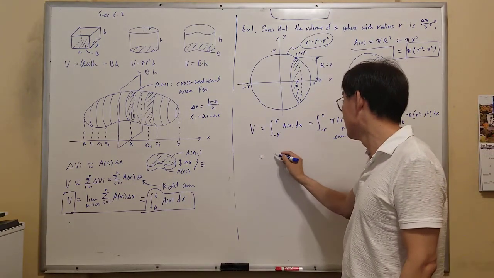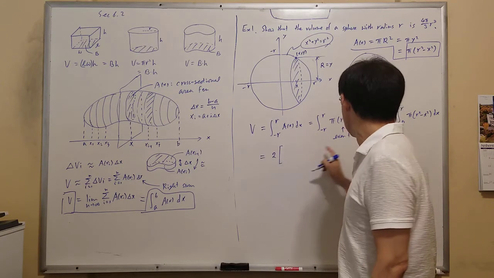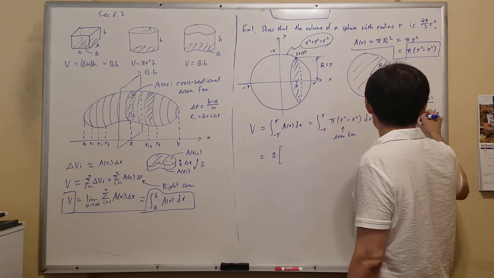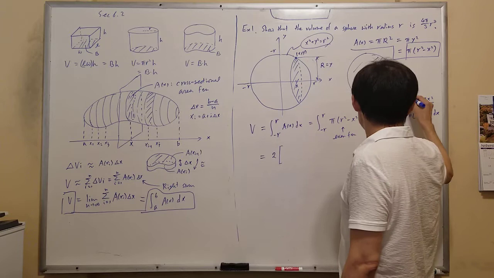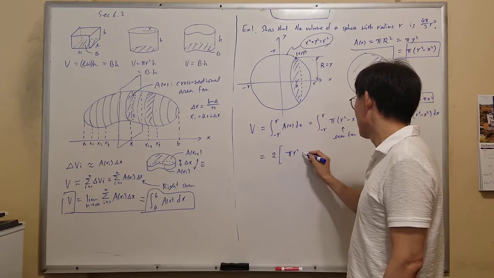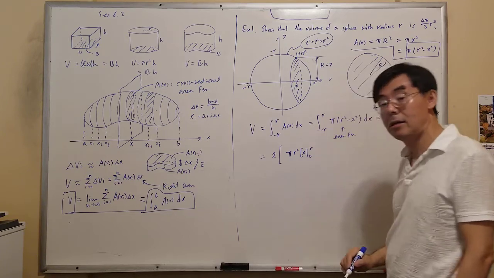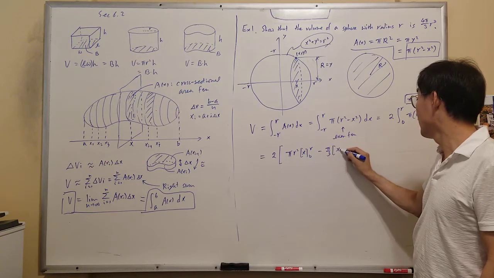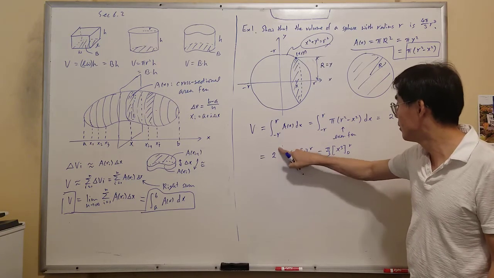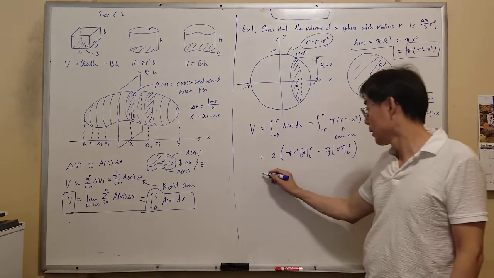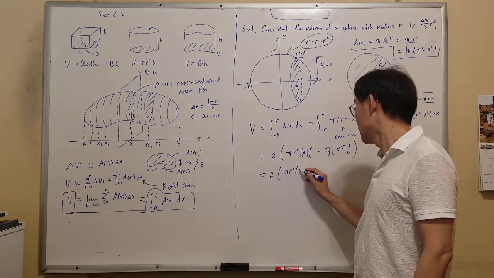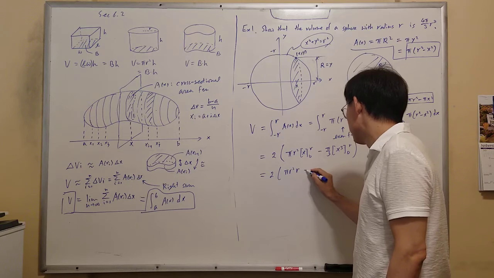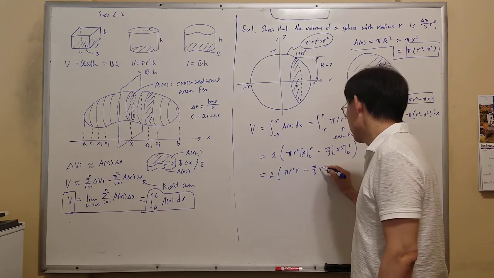So, what is it? 2 times, this is pi r squared minus pi x squared, right? So the integral is pi r squared times x from 0 to r, minus pi over 3 x cubed from 0 to r, in big parentheses. Pi r squared times r minus 0, so r times r, minus pi over 3 times r cubed minus 0, so r cubed.